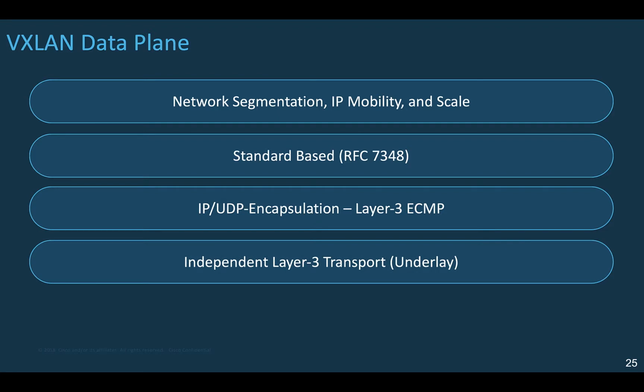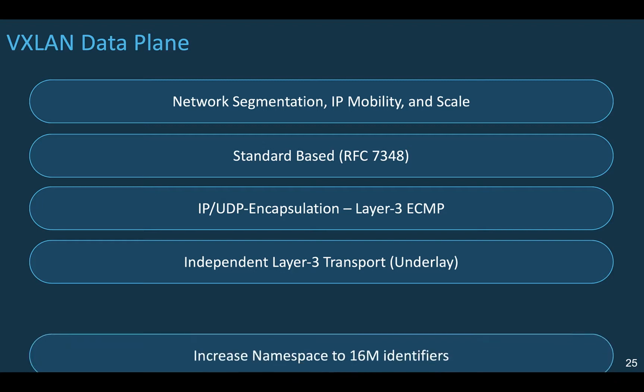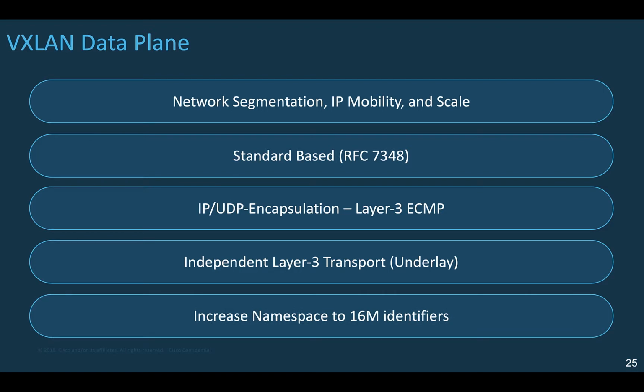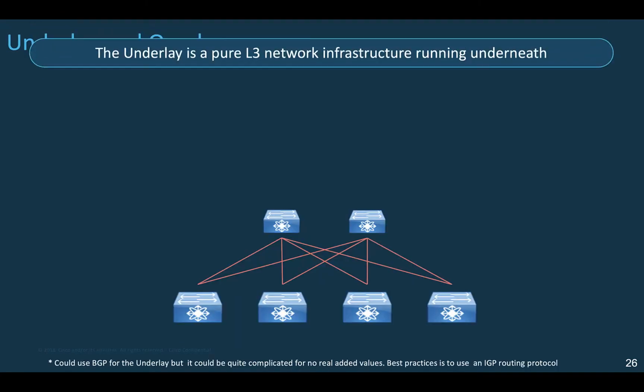The VXLAN overlay is layer 3 transport agnostic. The underlay is used to establish the reachability between the virtual tunnel endpoints, the VTEPs, and it supports different types of layer 3 transport. The VXLAN identifier is built with 24 bits, so that allows the namespace to be increased to up to 16 million identifiers.